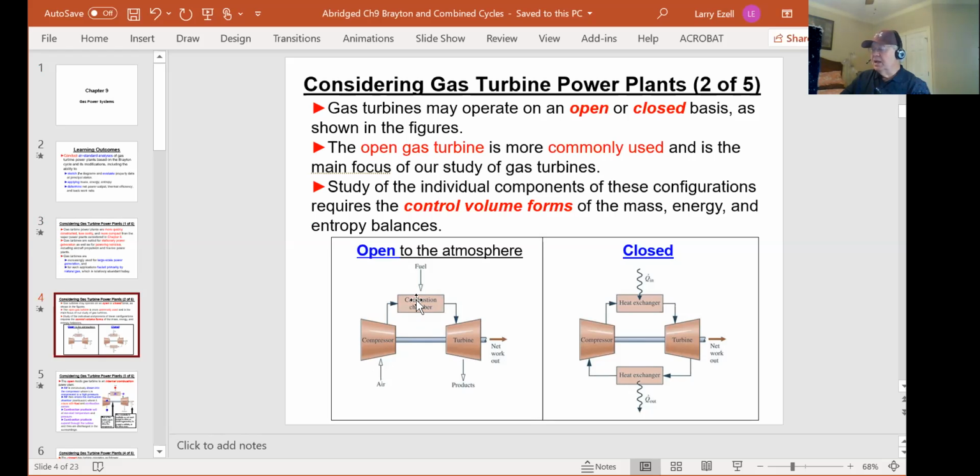But it's not like an internal combustion engine where the combustion actually moves the piston and ends up turning a drive shaft. What this combustion is all about is adding heat. That's what it does.